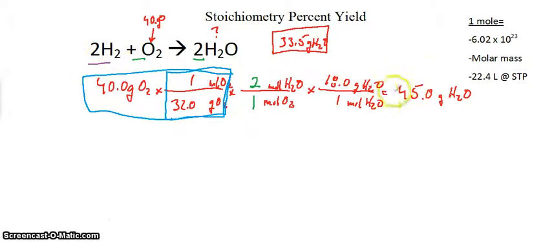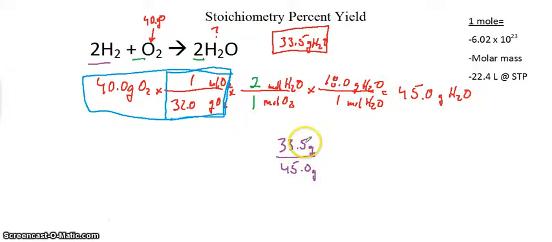So I should get 45, but they're telling me I only got 33.5. So what you do is you just do a percent yield. I actually, according to the problem, got 33.5 grams. I theoretically, based on my calculations, should have gotten 45.0 grams.